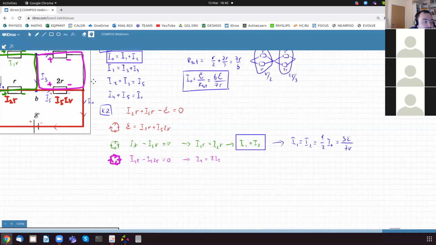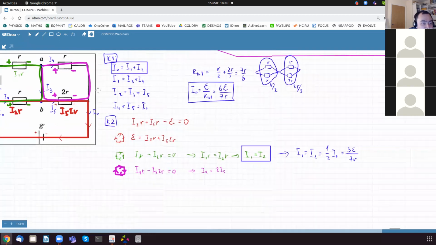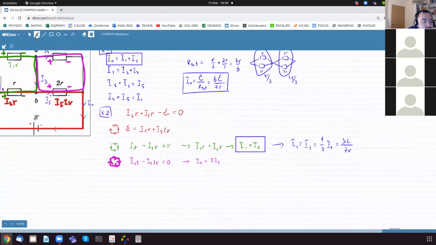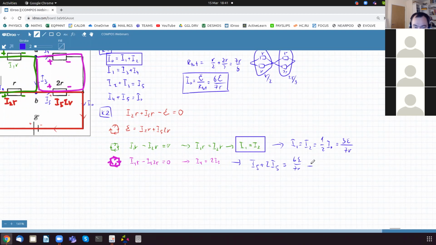And finally, we have I4 and I5. We know that the sum is I0. So from here, we can say that I5 plus 2I5 is equal to 6 EMF divided by 7R. And therefore 3I5 is that, so I5 is 2 EMF divided by 7R.